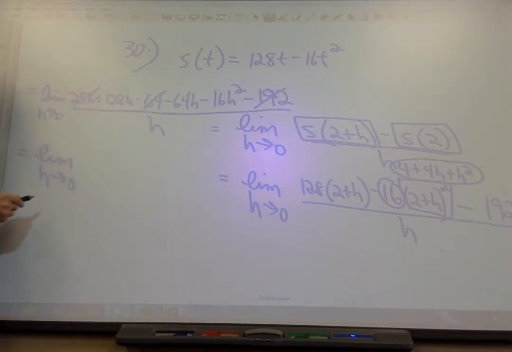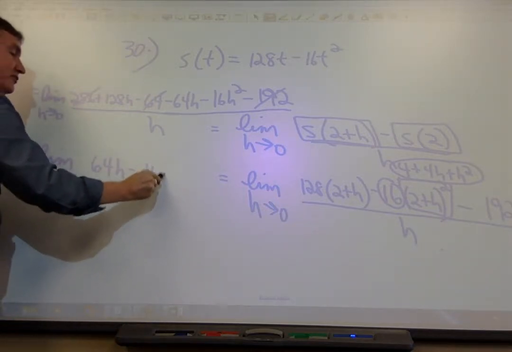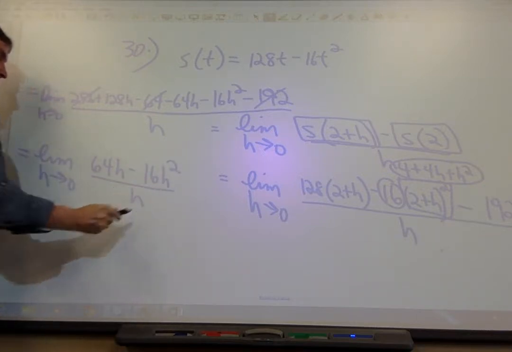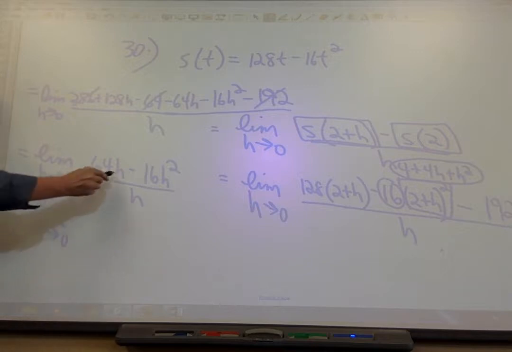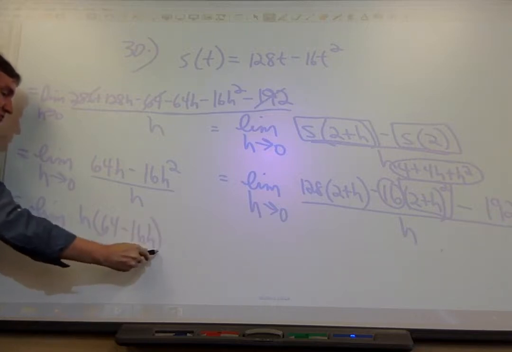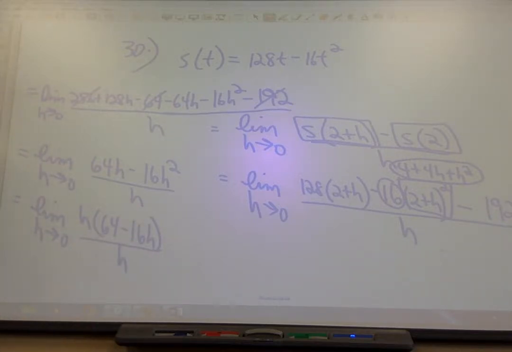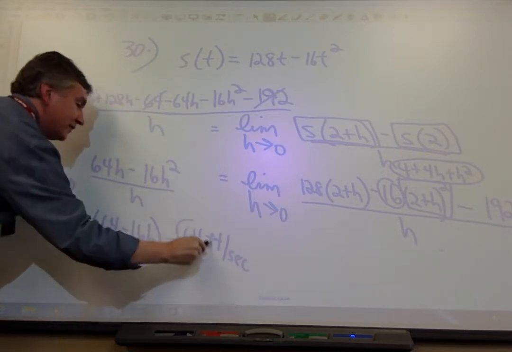What's 128H minus 64H? 64H minus 16H squared. And that's all that's left. Much better. The limit as H approaches 0, if I factor out an H, 64 minus 16H, what happens? H cancels. What if H goes to 0 now? What's my limit? 64 feet per second at that instant is my answer.